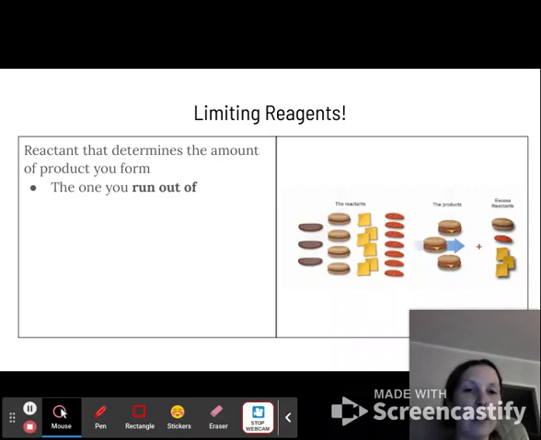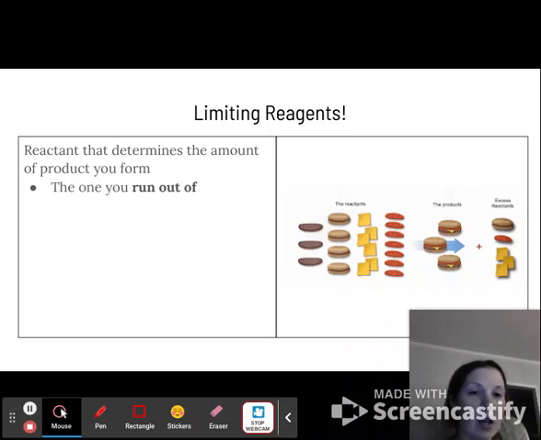If you look at this picture over here to the side, based on our ingredients here, we're making burgers. We've got 3 patties, 4 buns, 6 pieces of cheese, and 7 tomatoes. And we're going to make burgers that each have 1 patty, 1 bun, 1 piece of cheese, and 2 tomatoes.